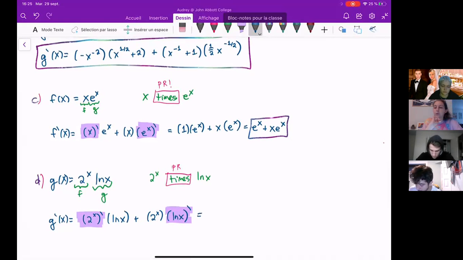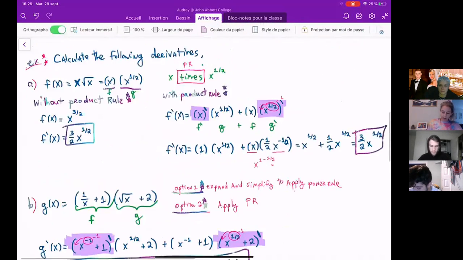What's the derivative of 2 to the x? It's 2 to the x ln 2. You got it, 2 to the x ln 2.